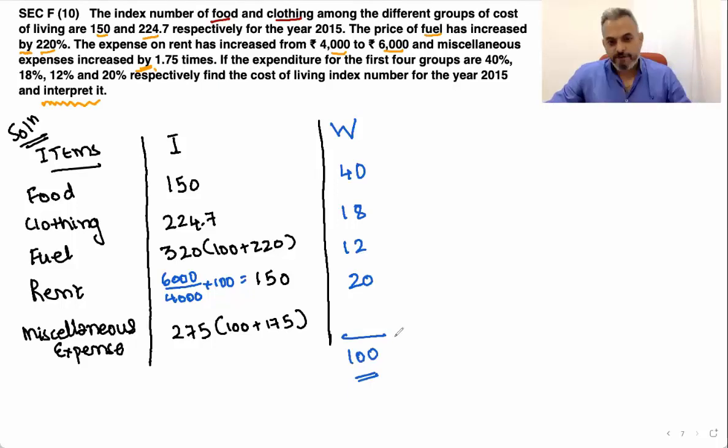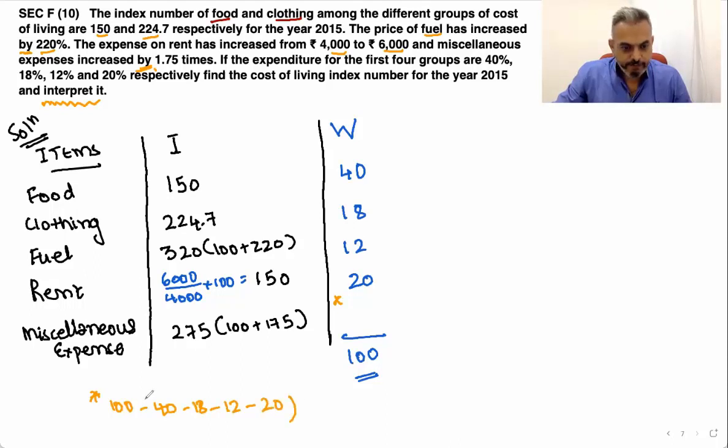So over here, I'll make a star for this weight. 100 minus 40 minus 18 minus 12 minus 20, which is equal to 10. So 10 is the weight for miscellaneous expense.